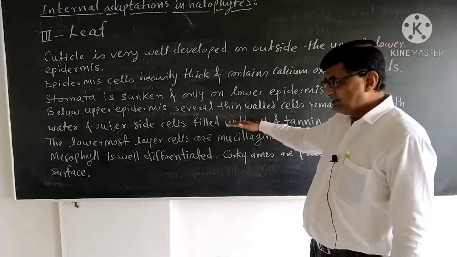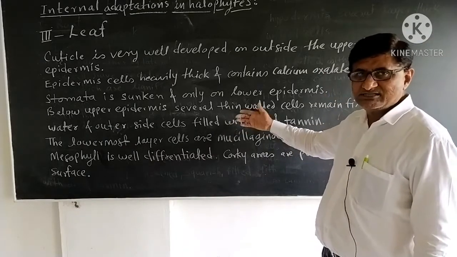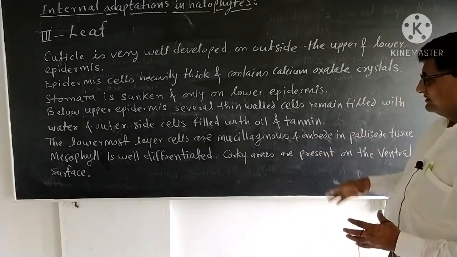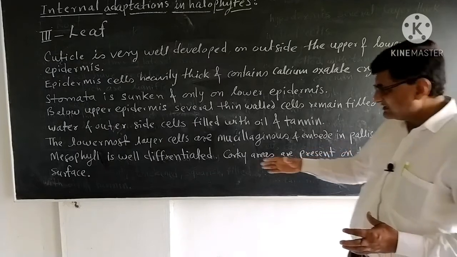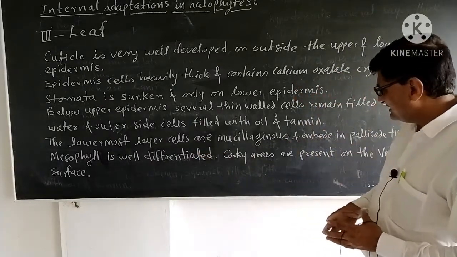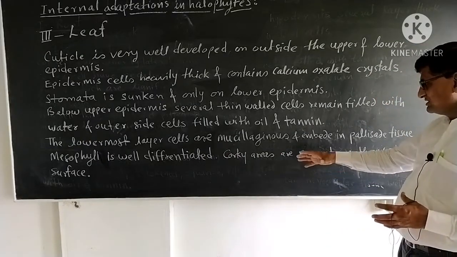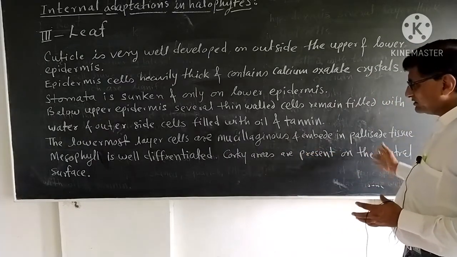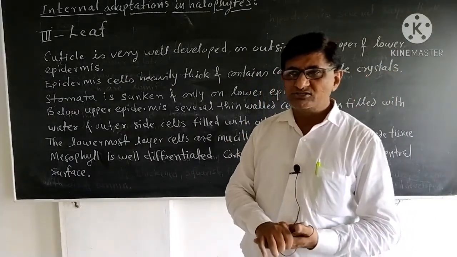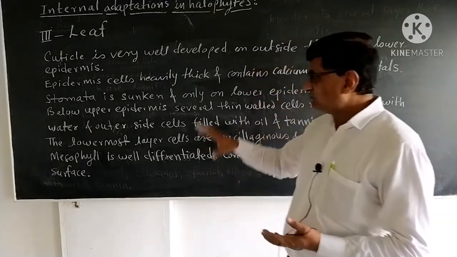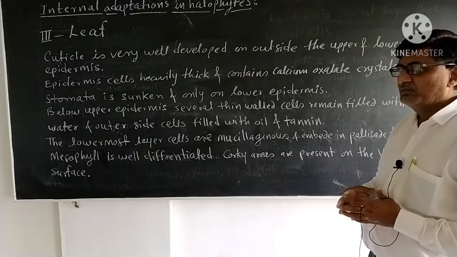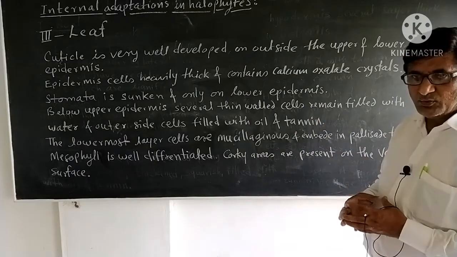As I said, the mesophyll is well developed and well differentiated. You can also see stomatal areas present on the ventral surface of the leaf, that is, on the lower surface. So these are the several ecological adaptations we can see in the leaf of halophytes.